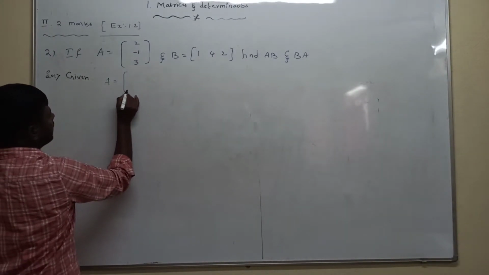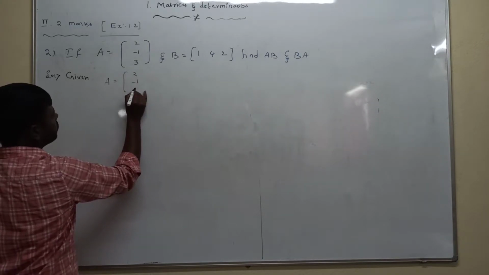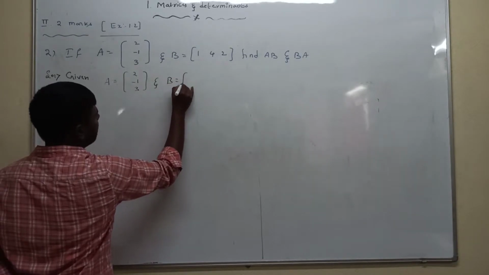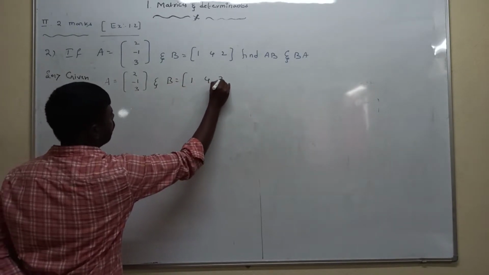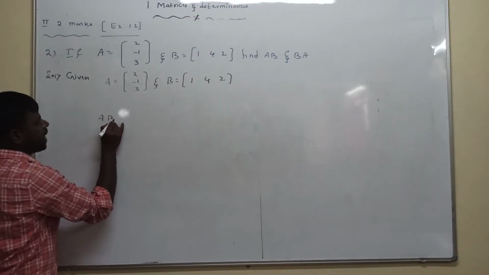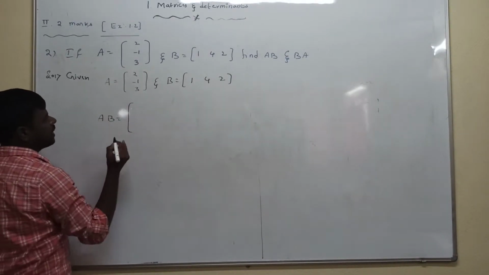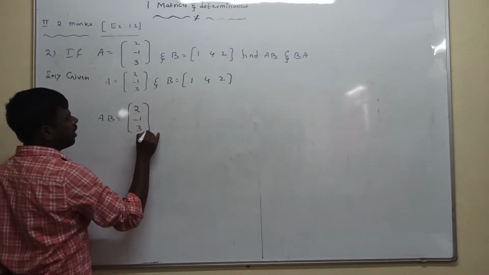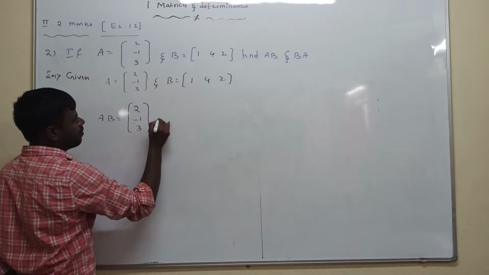The given A matrix is 2, minus 1, 3 and the B matrix is 1, 4, 2. They are asking to find the AB matrix. Substitute the A matrix: 2, minus 1, 3. The order of the matrix is 3 by 1.